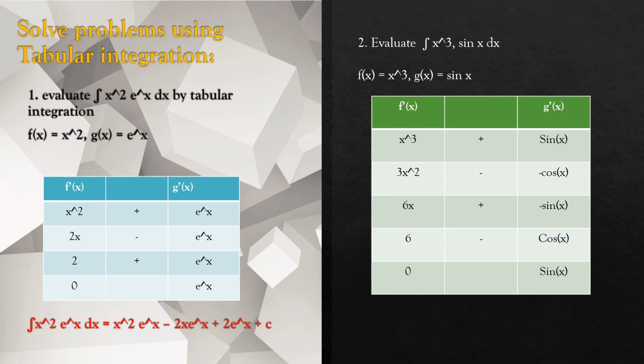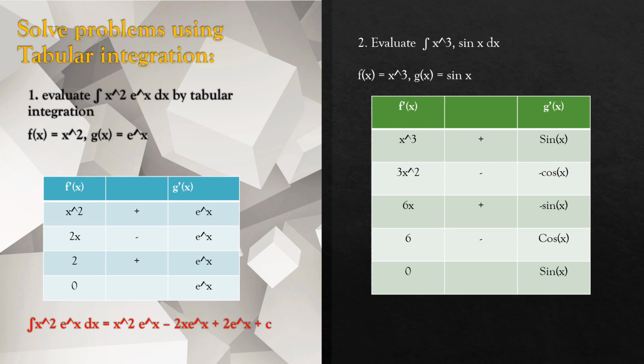The first derivative is 3x raised to 2. The second derivative is 6x, since 3 times 2 is 6 and 2 minus 1 is 1. The third derivative is 6, and since this is constant, the fourth derivative will be 0.